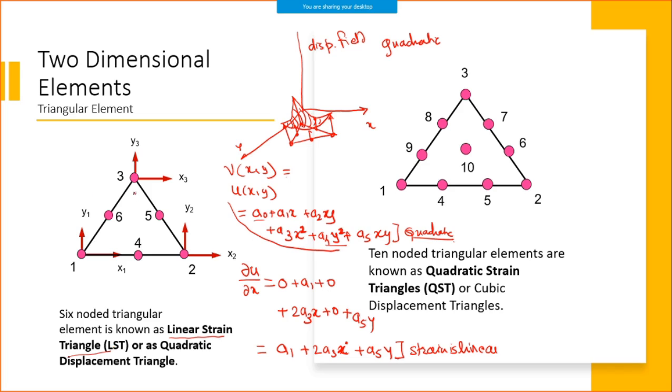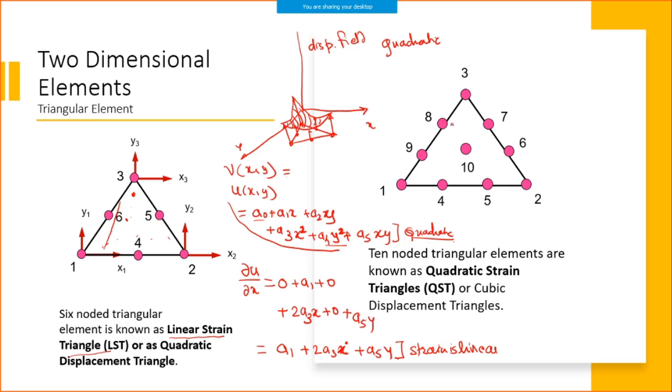It means in the previous case you observed that strain at any location in the element was constant. That is a fixed value. But in this case, the variation will be along a straight line. That is what happens, and that is what is called a linear strain.